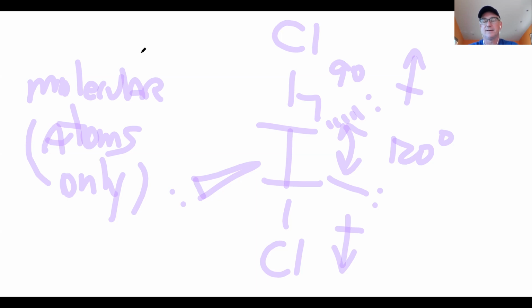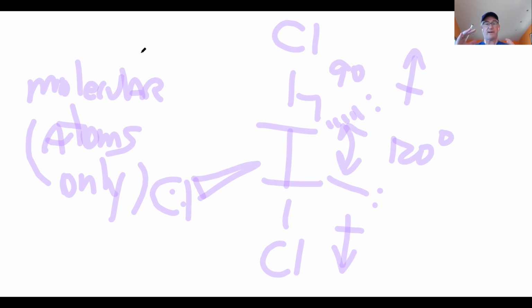Are we only considering the atoms when we're thinking if it's symmetrical or not? Oh, it's symmetrical. You have to consider the lone pairs. That determines whether or not it's symmetrical. If there was another chlorine here, it would no longer be symmetrical.